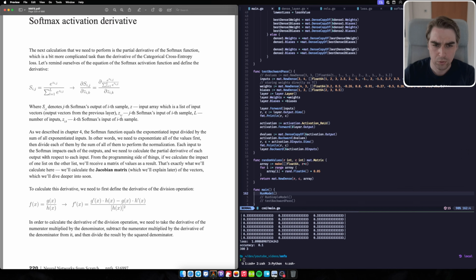Each input to the softmax impacts each of the outputs, and we need to calculate the partial derivative of each output with respect to each input. From the programming side of things, if we calculate the impact of one list on the other list, we will receive a matrix of values.